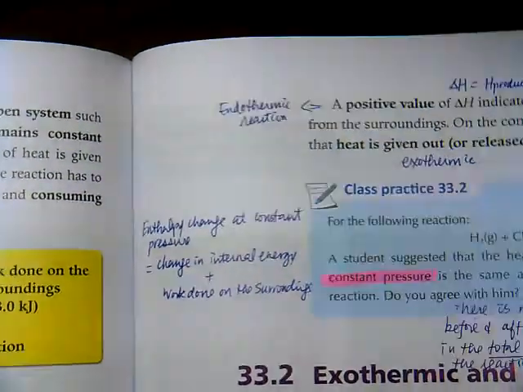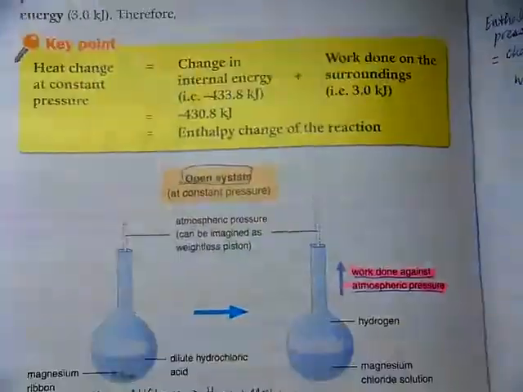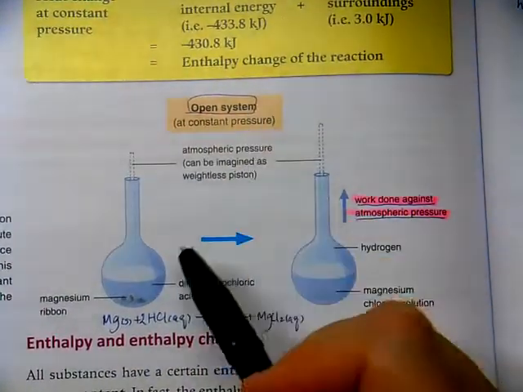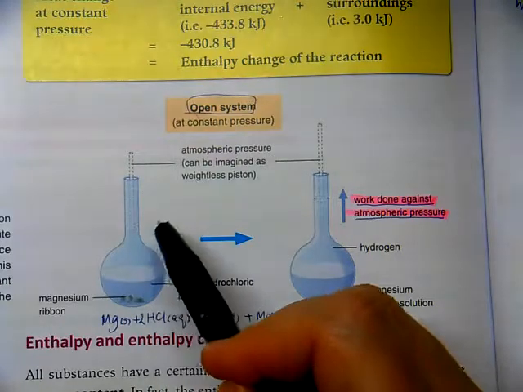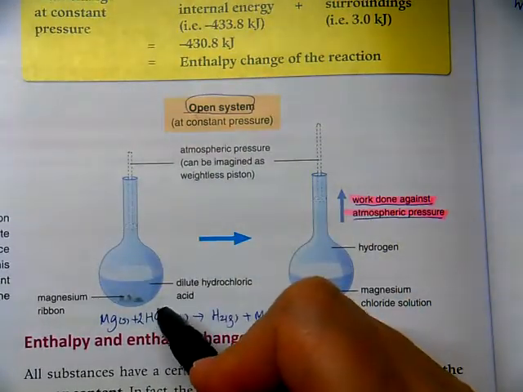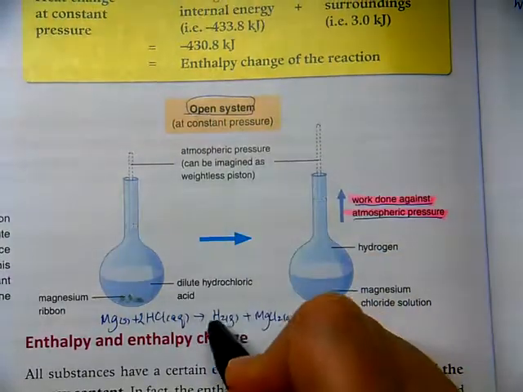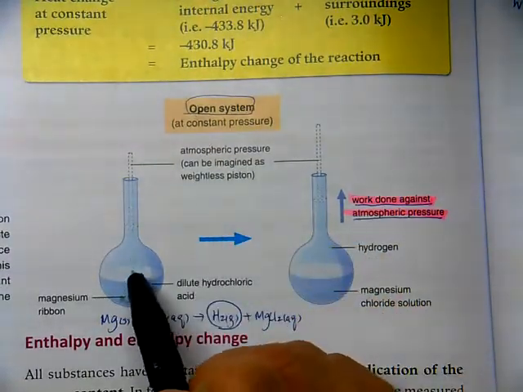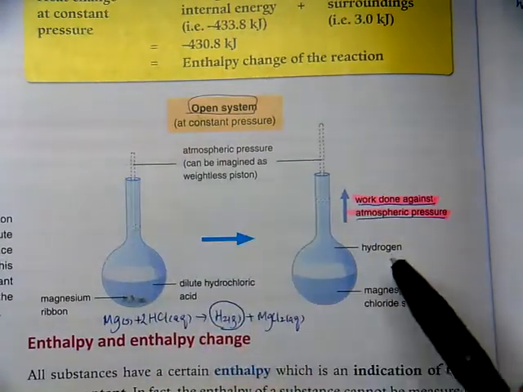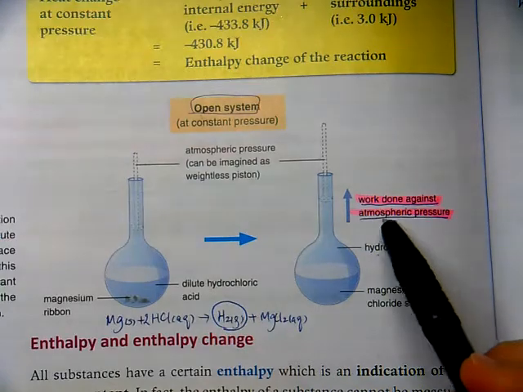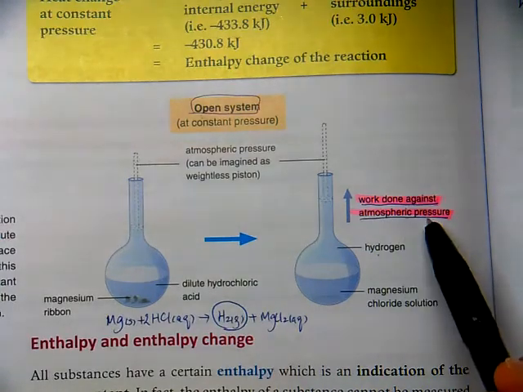Okay, and do you remember how to do work? Look at these diagrams again. During the reaction, there is a change in gas volume because hydrogen gas is produced. As hydrogen gas is produced, hydrogen gas need to do work against the atmospheric pressure.